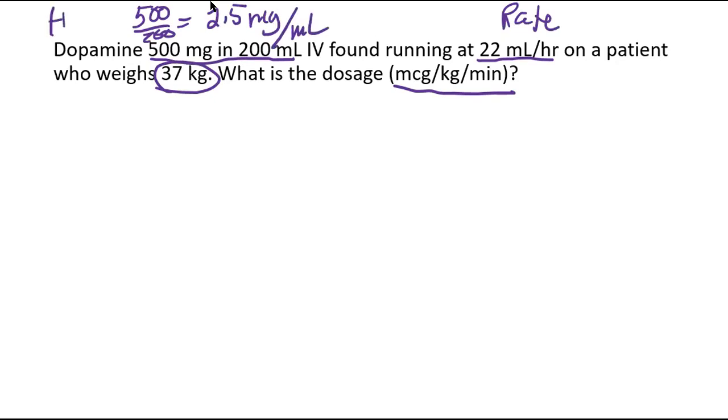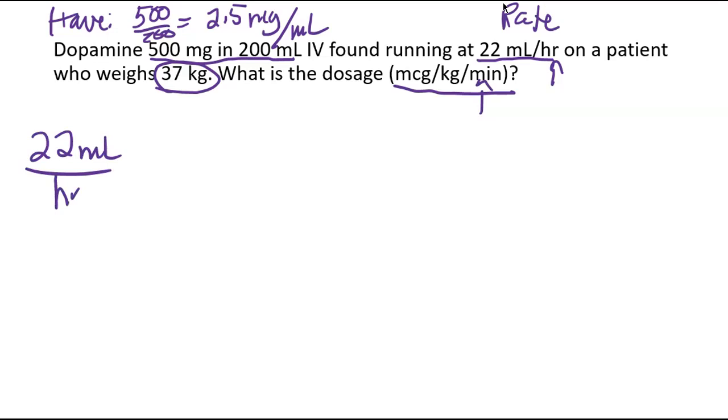And we have the rate here, and we have how much the patient weighs, and then what we want, milligrams per kilogram per minute. We got hours here, and we got minutes here, so we need to pay attention to that. But first, we'll start with 22 milliliters per hour.